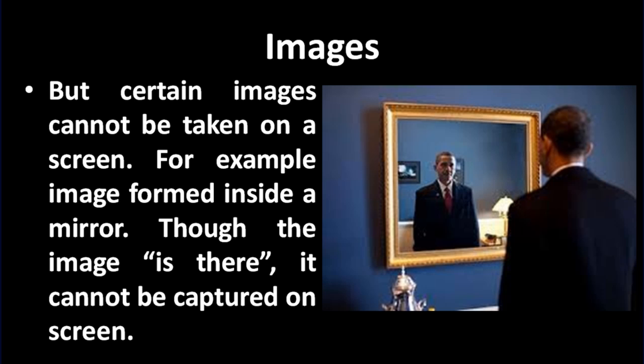These were the examples where the image was captured on a screen. But certain images cannot be taken on a screen. For example, image formed inside a mirror. Though the image is there, it cannot be captured or taken on a screen.